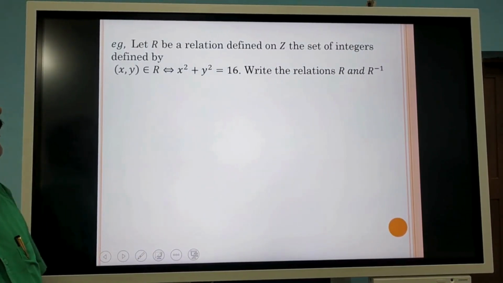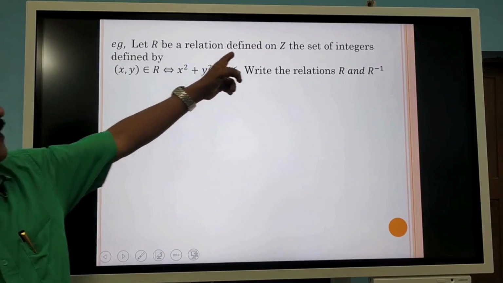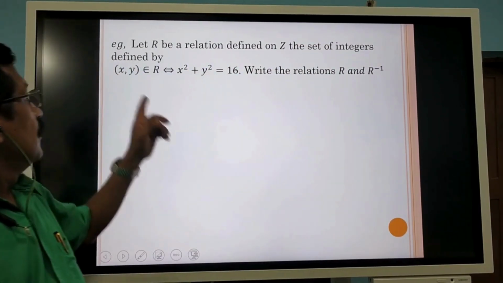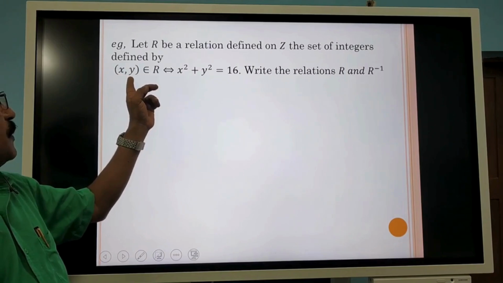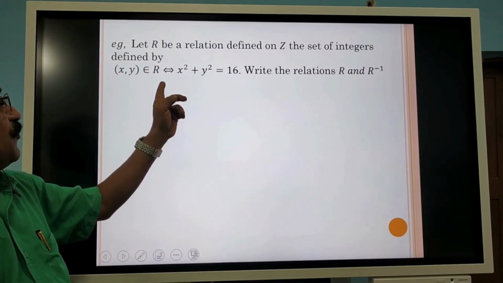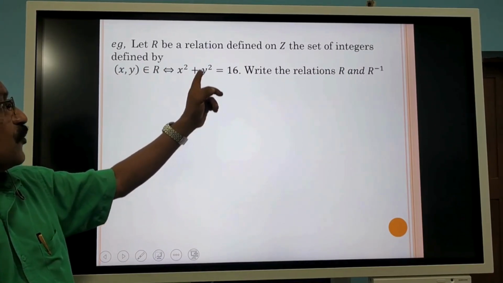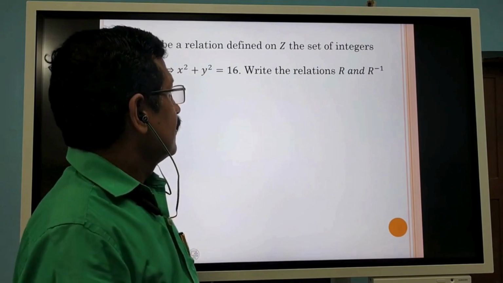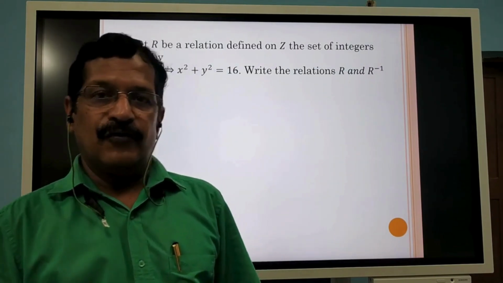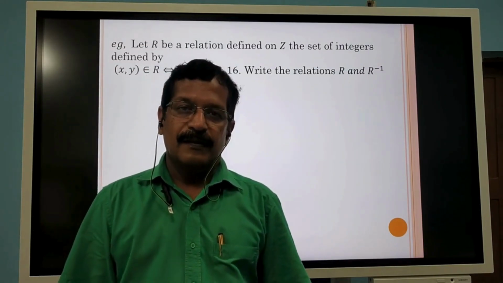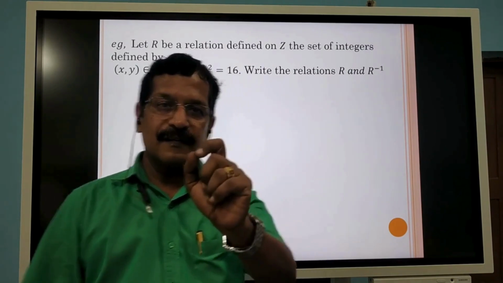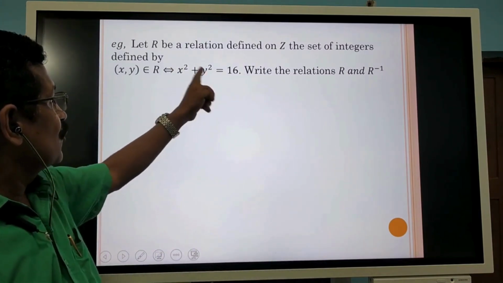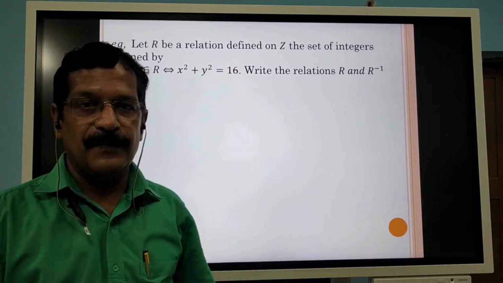Now, let R be a relation defined on the set of integers, defined by the ordered pair (x, y) belonging to R if and only if x square plus y square equals 16. Write the relations R and R inverse. Relation R is the set of all integers satisfying the condition x square plus y square equals 16.